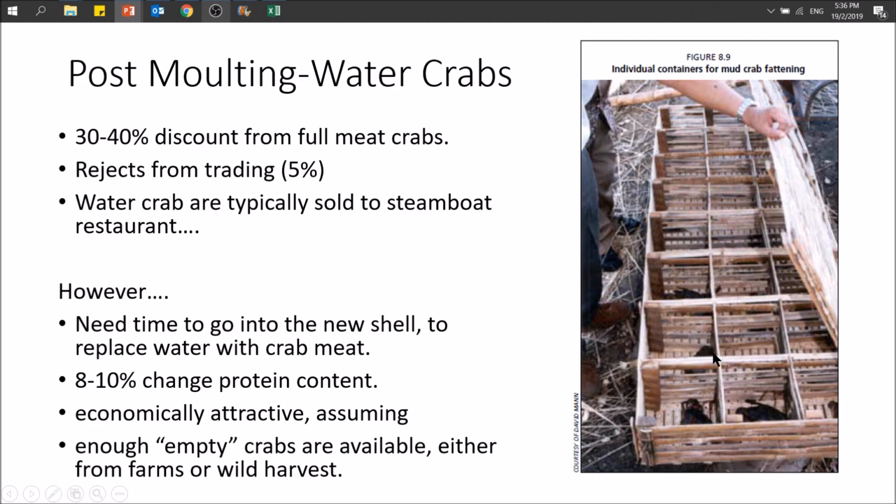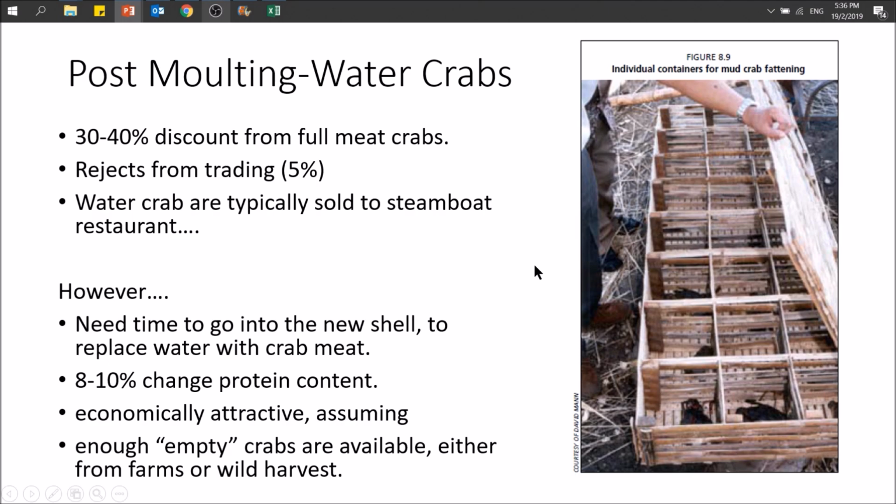They need time to feed and grow meat into their shell, because it changes the protein content in the body. Crab fattening is economically attractive provided that you are able to source enough water crabs, either from harvest or from the farms.